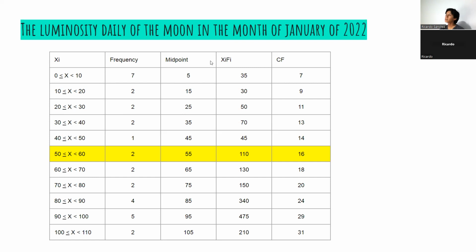This is like a tendency. If you get two of these, the other values will appear. So we multiply 7 times 5 and it gives us 35. 2 times 15 gives 30, and like this, all of these.